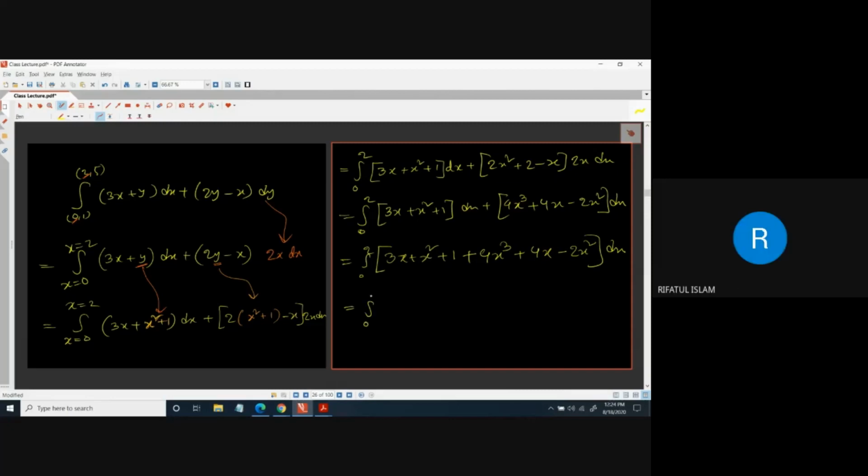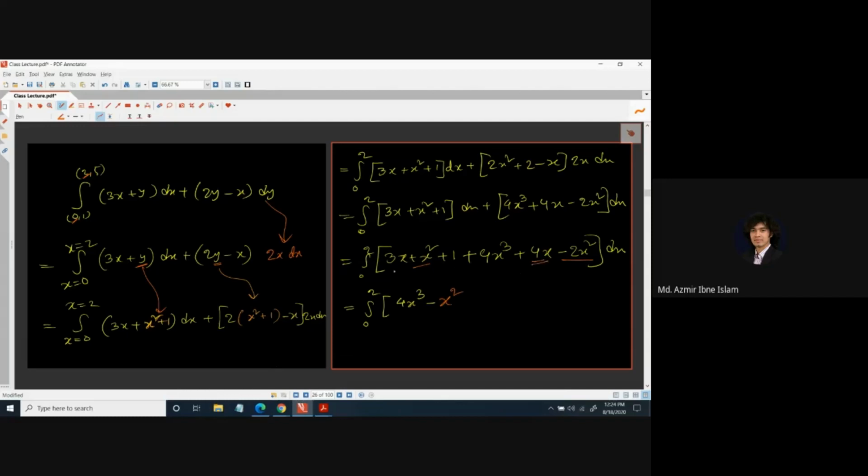Can we do this? Yes, sir. So here we have 4x cubed. Let's try to write order wise. So negative 2x squared plus x squared is becoming negative x squared.